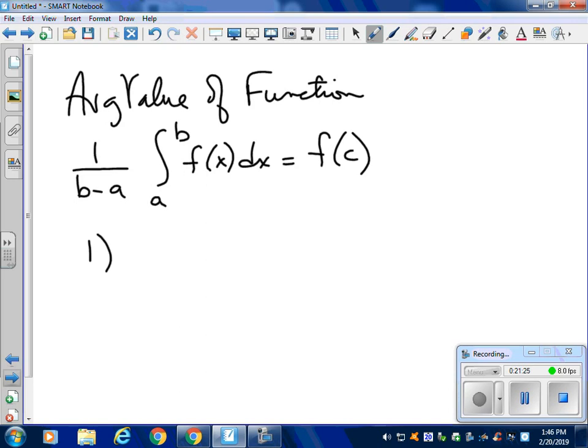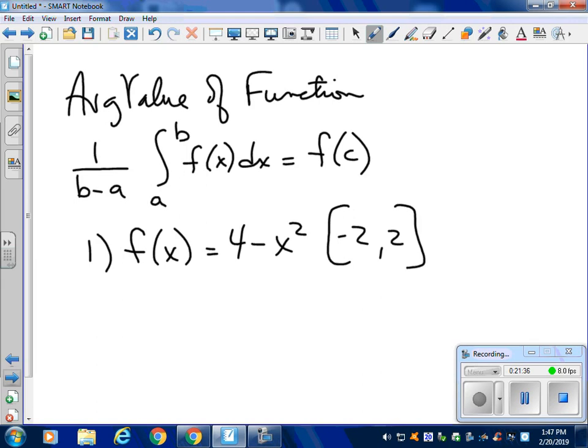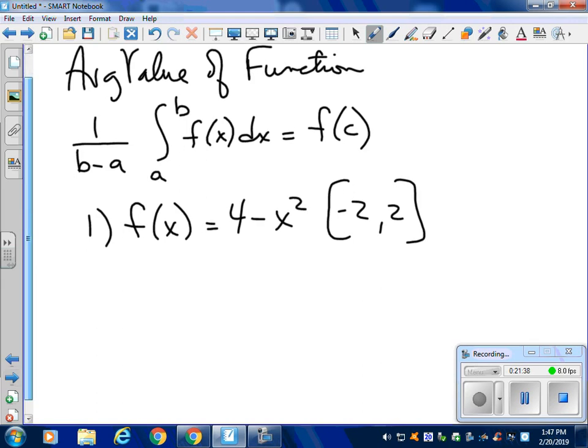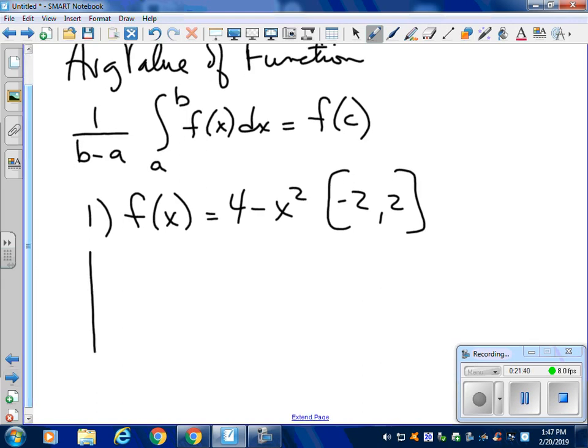So let's look at an example. And I picked a really easy one to work. And I can even graph this one. 1, 2, 3, 4. All right. So in this problem, we're going to come back to this illustration in a minute.